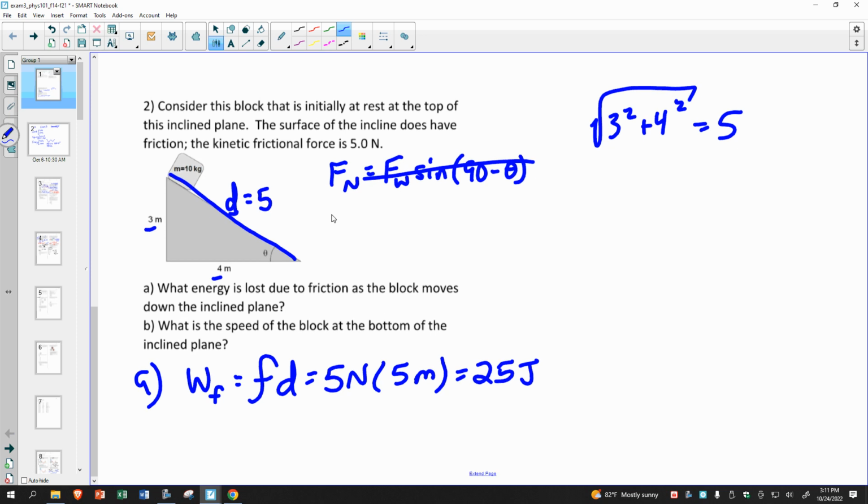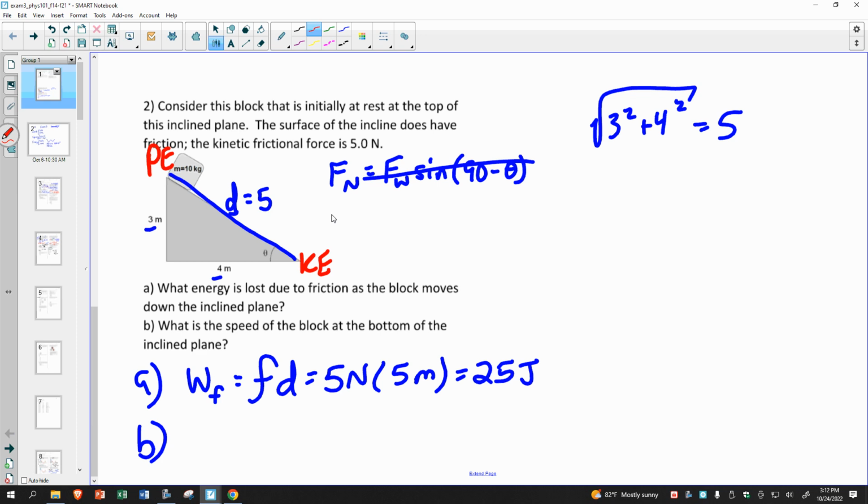And then the second part is what is the speed at the bottom of the inclined plane. So if there was no friction, we would say that the potential energy at the top is equal to the kinetic energy at the bottom. Okay, but there is friction.